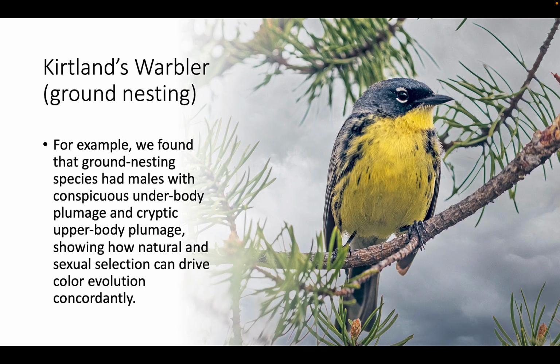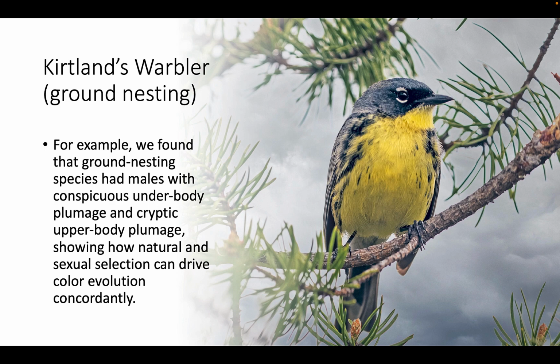Now let's look at the Kirtland's warbler, Michigan's endemic bird species, as an example. This bird species is a ground nesting species. And what Simpson et al. found was that ground nesting males were having evolution of their underbody plumage to be bright because they would sit up in a tree and sing, but when they wanted to be on the nest, they needed to be cryptic, so they would have cryptic upper body plumage.